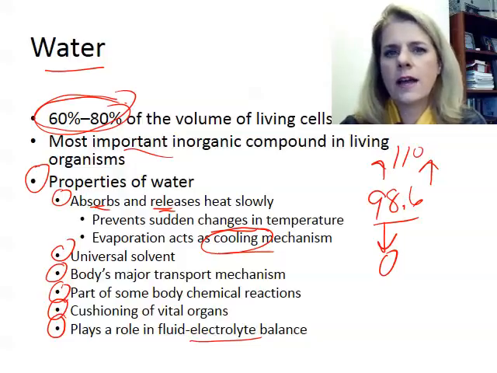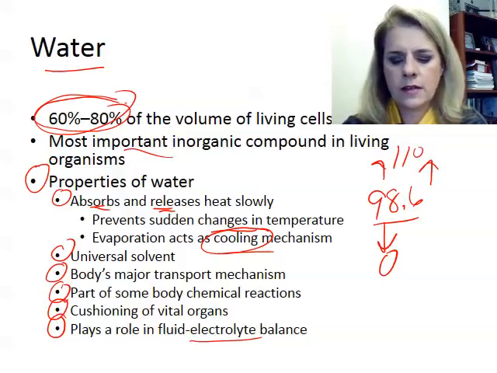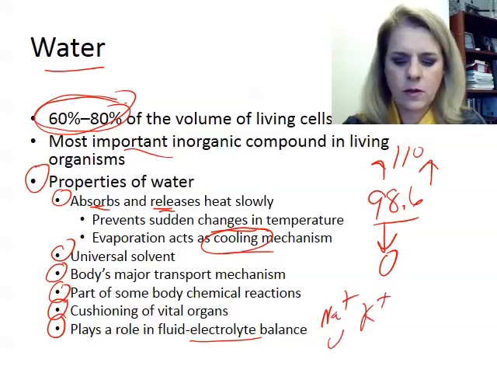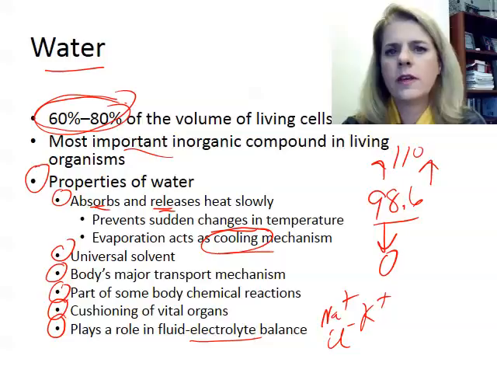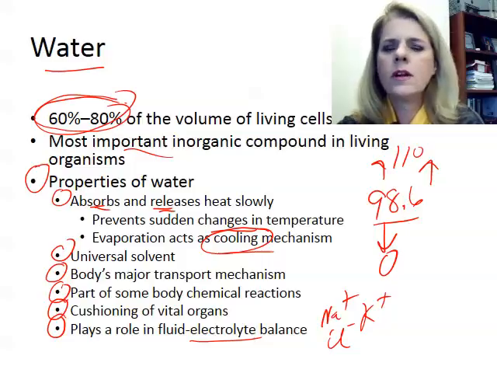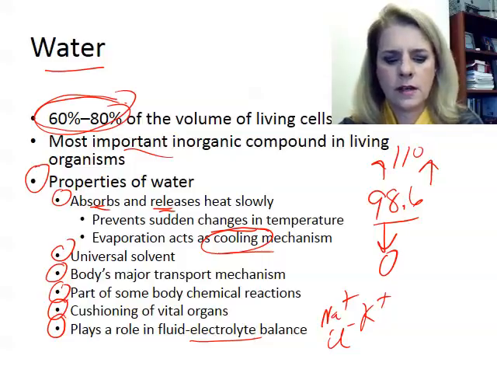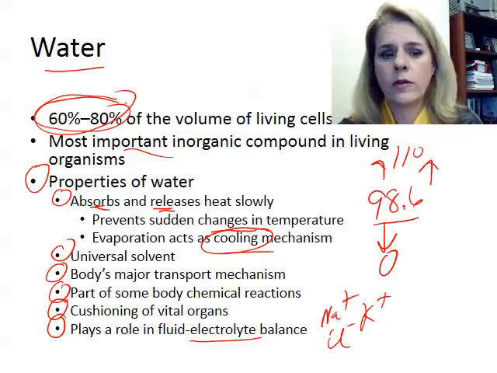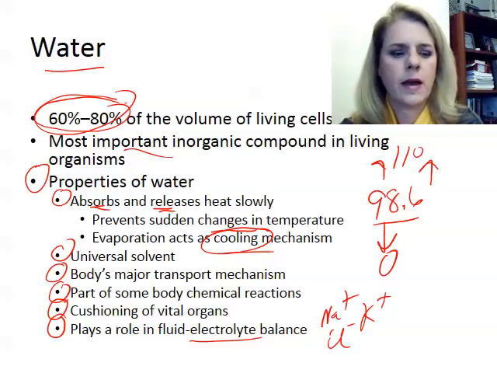Electrolytes are ions, things like sodium, potassium, chloride. These are things that our bodies use for our nervous system. It allows us to maintain the amount of water in our body. We're going to talk about fluid and electrolyte balance a little bit later on, but water plays an important role in maintaining that fluid and electrolyte balance.